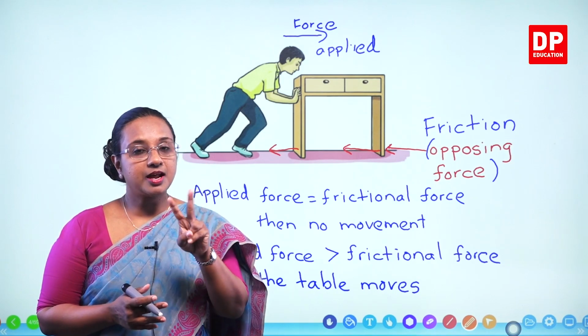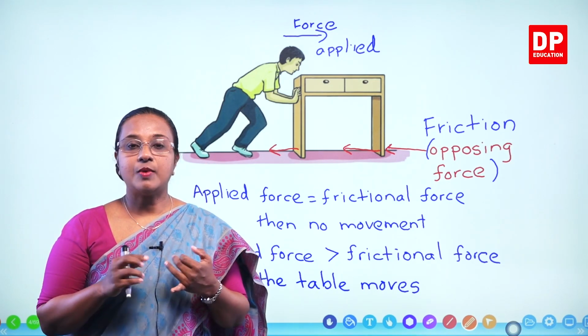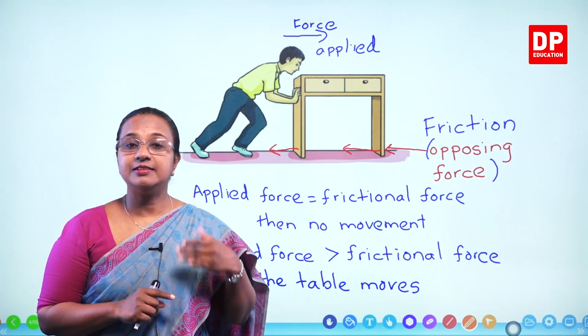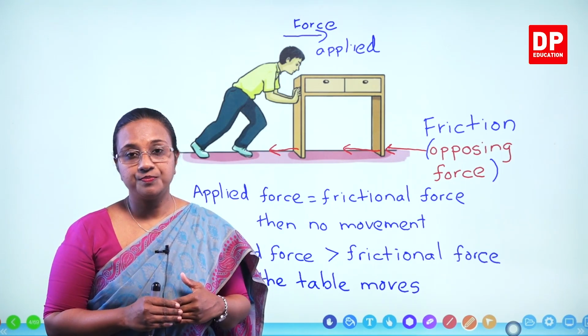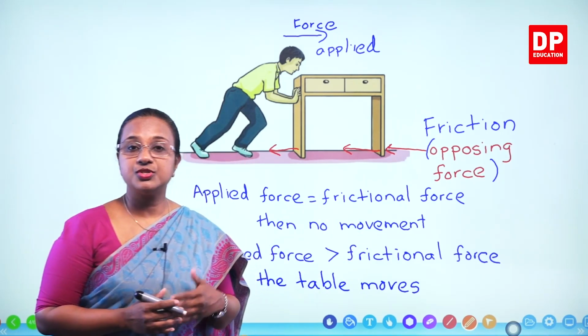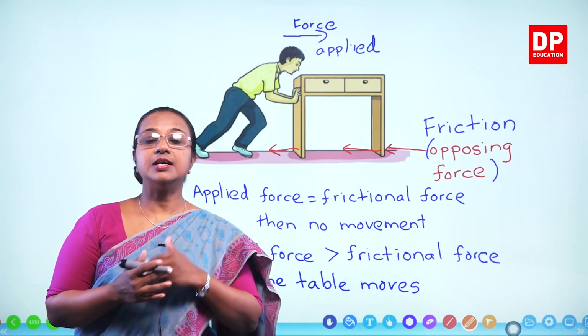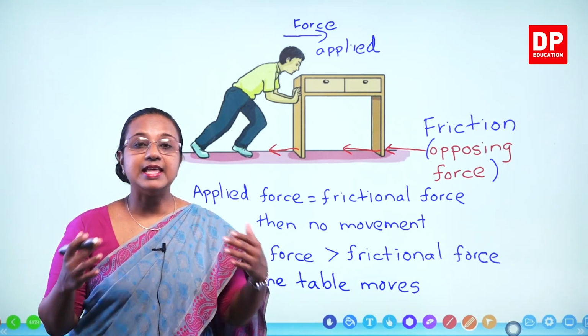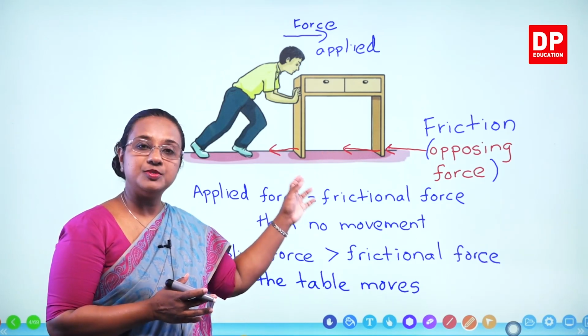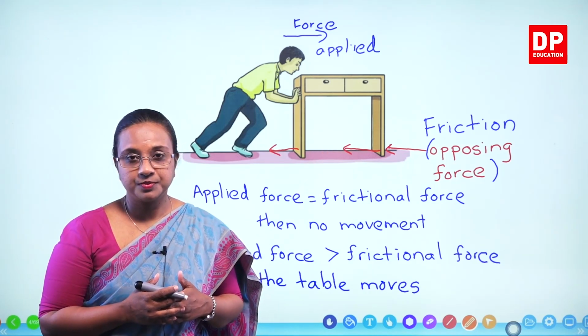So here there are two instances. One is the moving object, the other one is the object that is trying to move. Under that also we saw that the frictional force can increase to a certain level, and thereafter it cannot increase anymore and the object will start to move.